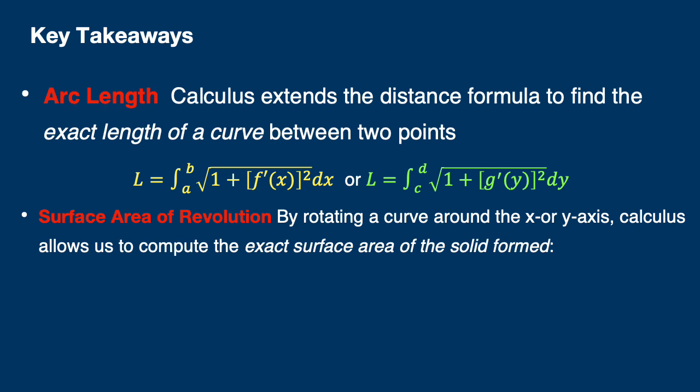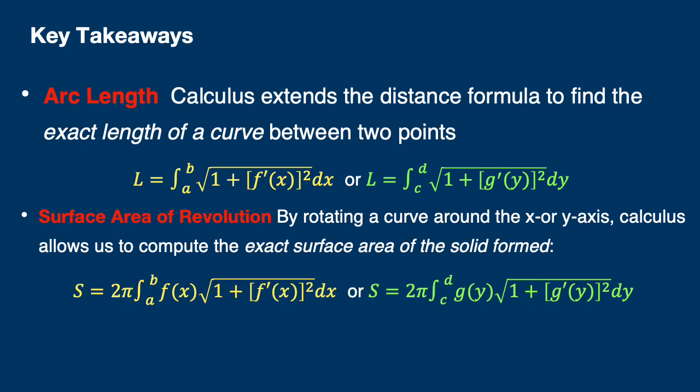For rotation about the x-axis, we use the first formula: surface area equals 2 pi, integral over the interval of x from a to b, radius f of x, times the square root of 1 plus f prime of x squared dx. If rotated about the y-axis, we use the second formula: 2 pi integral over the interval of y from c to d, g of y, times the square root of 1 plus g prime of y squared.